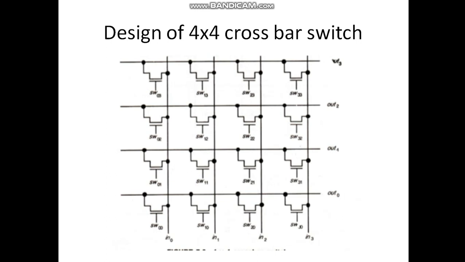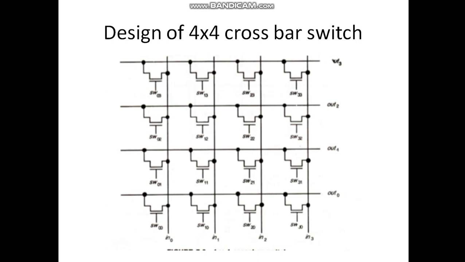Whatever is available in IN3 is made available at OUT2, and the bit available in IN0 is made available in OUT3. Suppose the input bits are 1, 0, 1, 1, then the output bits will be 0, 1, 1, 1. This is how the bits are shifted by 1 bit position to the left.